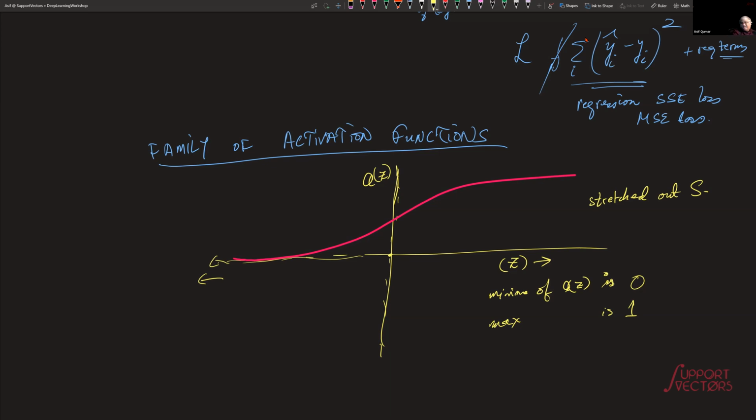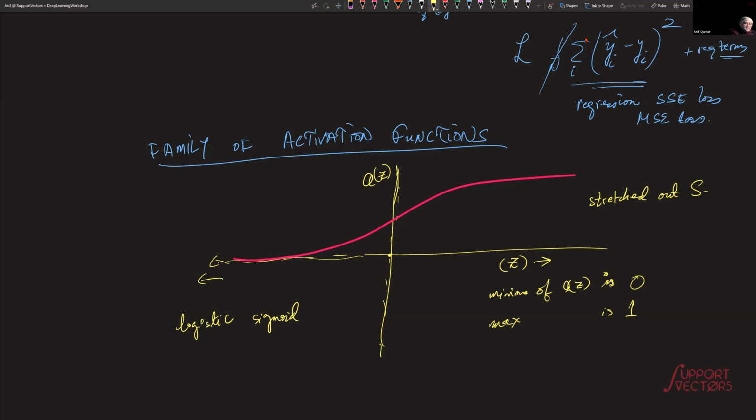So this particular activation function is the famous sigmoidal. People often use the word sigmoid all the time in machine learning and deep learning. But more precisely, statisticians would call it the logistic sigmoid, because to them, sigmoid is a whole family of S-shaped functions.